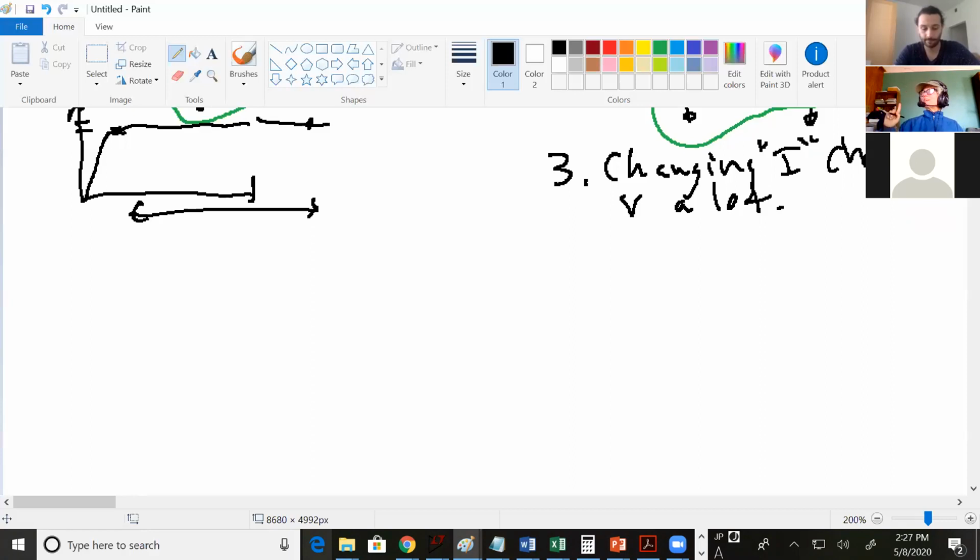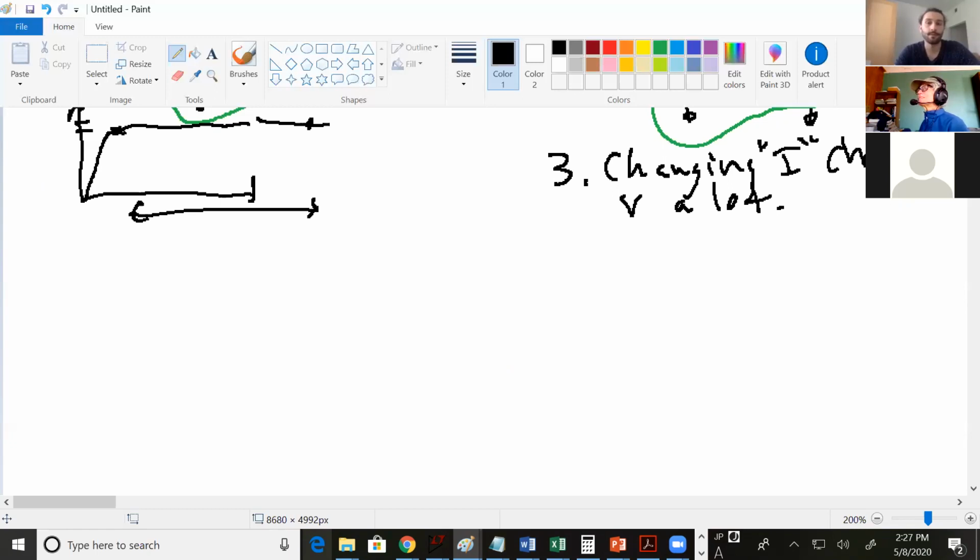What are we building in this class? Amplifier. Exactly. So when you change the current across a resistor, where does that show up in an amplifier?